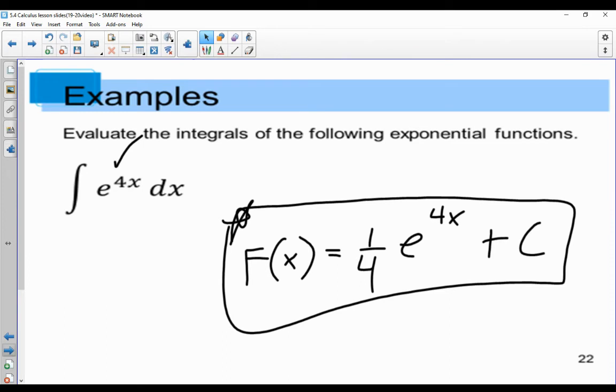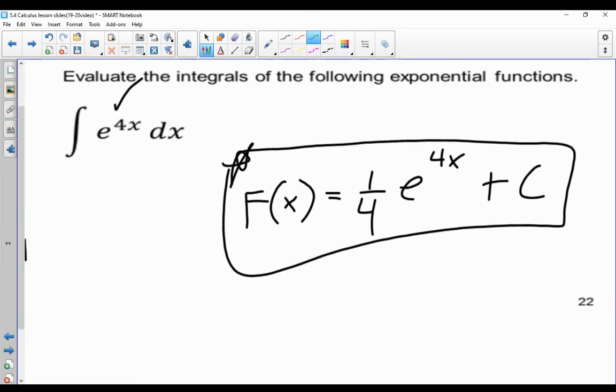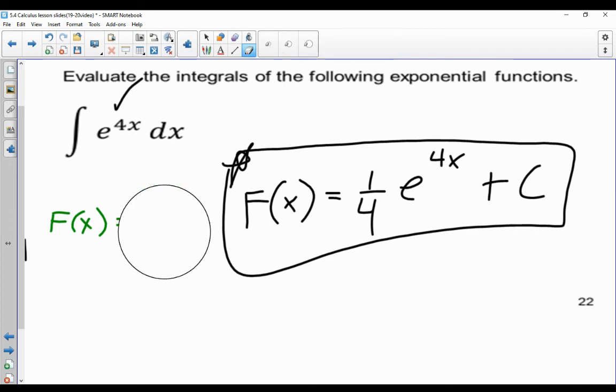So most of this was basically just using stuff that you already knew. You were already comfortable with u substitution. And if there's anything I want you to remember from this, just like I said before, anytime you have e to the x, I'm not talking about 2 to the x or 10 to the x or whatever, you specifically have e to the x.